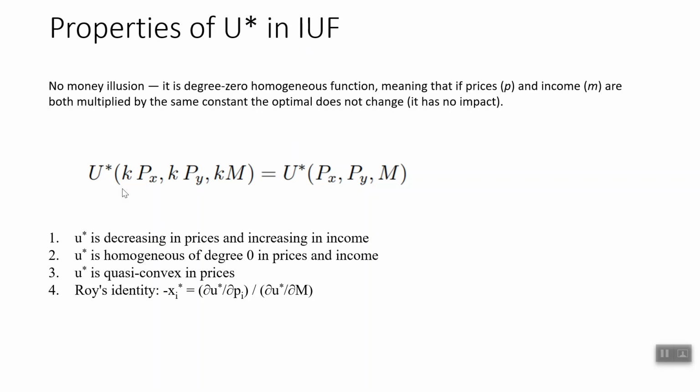If you multiply prices px, py by k and income also by k, your indirect utility function remains the same as it was earlier, as a function of px, py and m. So there is no change. That's the first property. The second is that it is homogeneous of degree 0 in prices and income, and we saw what that means. It is quasi-convex in prices, and it also satisfies Roy's identity. We will see what Roy's identity is in the next slide.